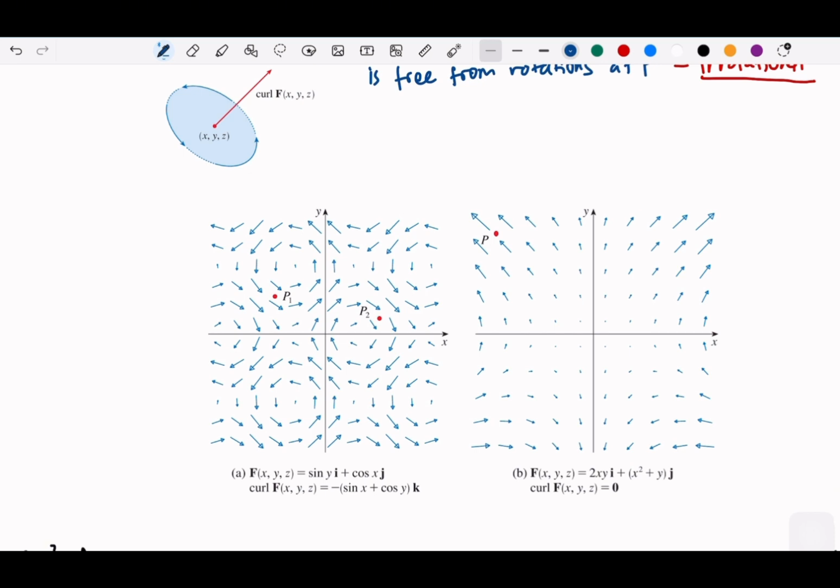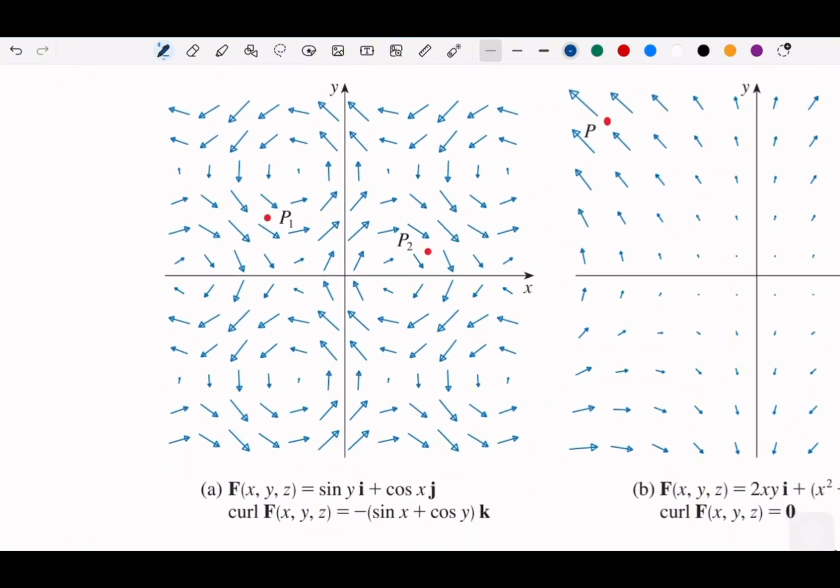But on the left side, imagine we have these 2 points P1 and P2. P1 would rotate counterclockwise, and it will rotate about its axis.